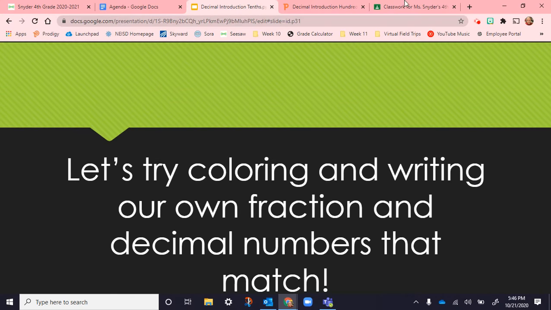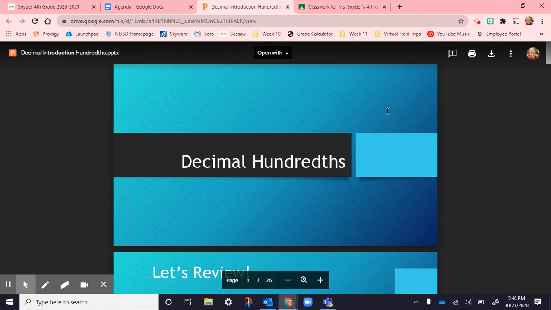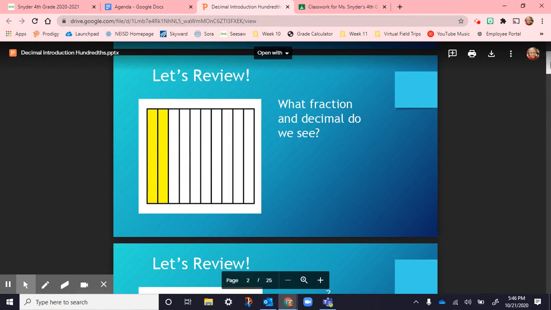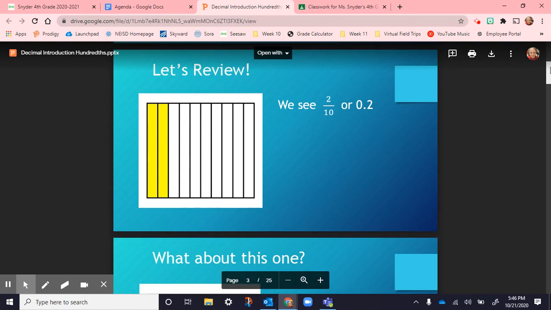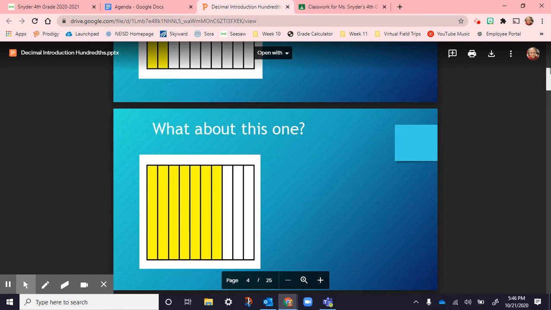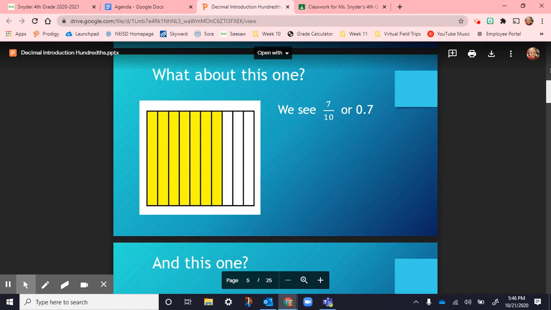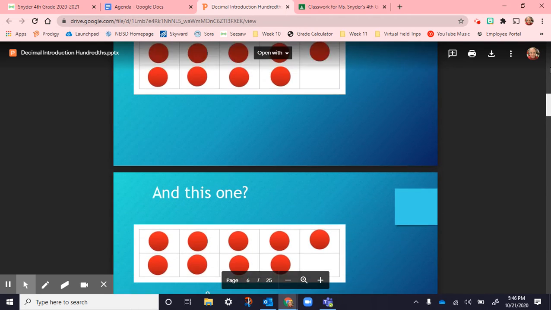So that wrapped us up with our tenths. Then we moved into hundredths. We reviewed: we've got 2 tenths there, so we can write that as 0.2. This one, we've got 7 tenths, 0.7. Here we've got 9 tenths, 0.9.